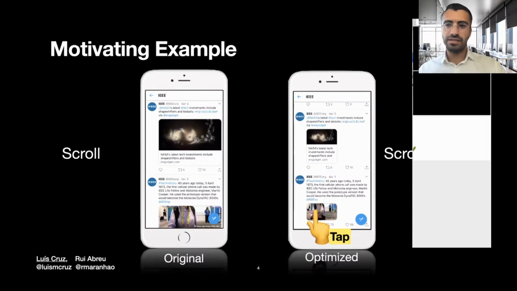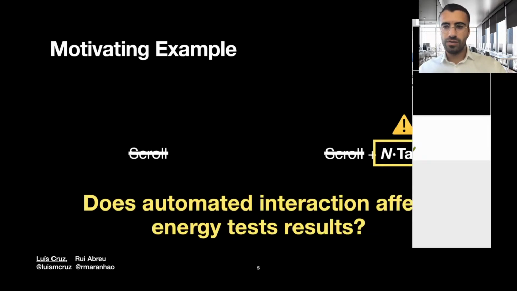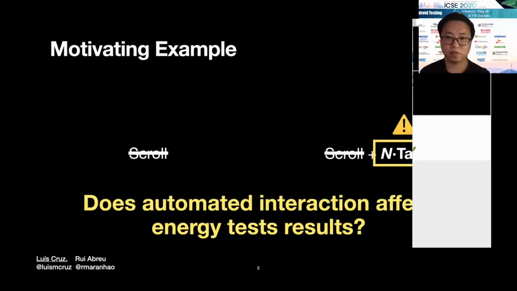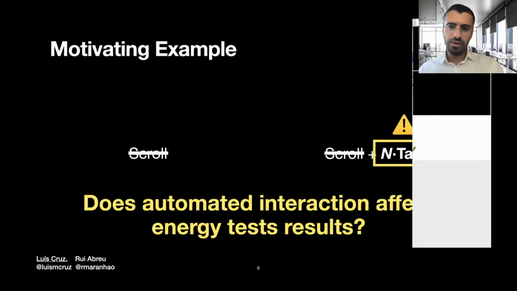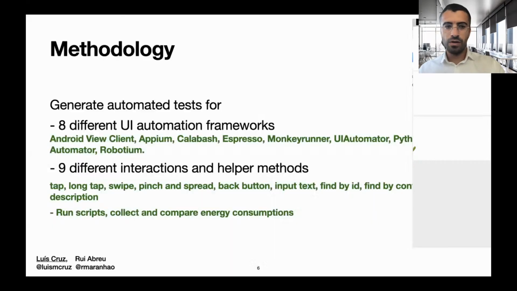These tests are slightly different. The first one has a single scroll, and the second one, for the optimized version, has a scroll and several taps. What we want to understand is if these automated interaction tests are actually affecting the results of the energy tests.